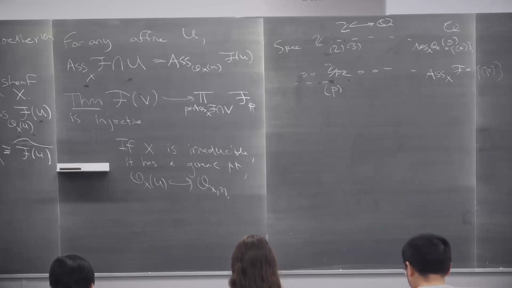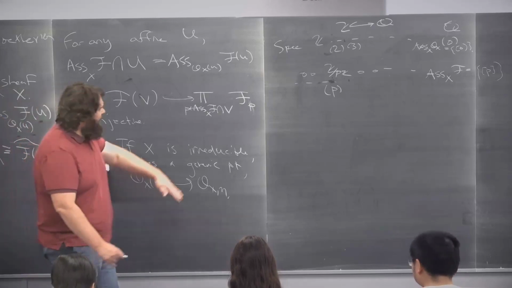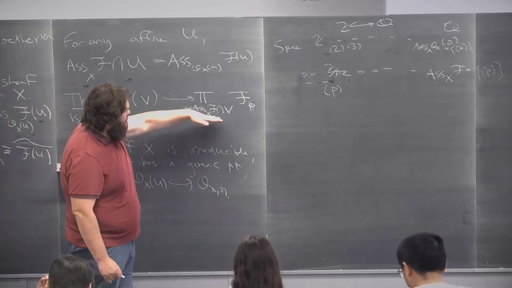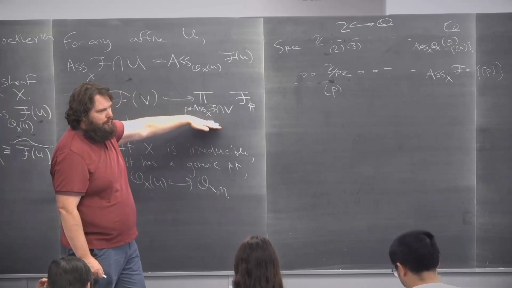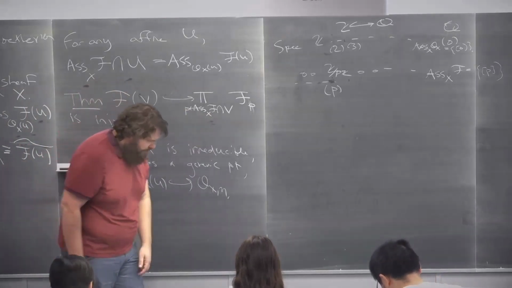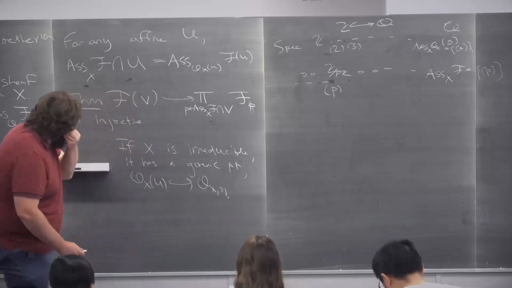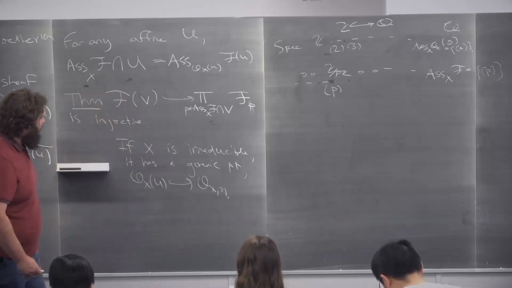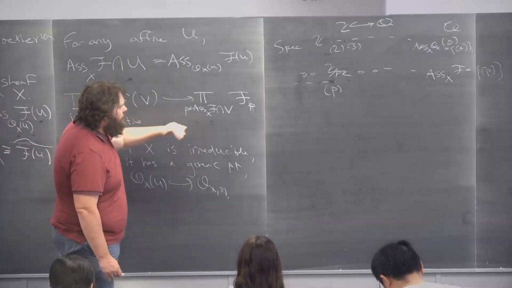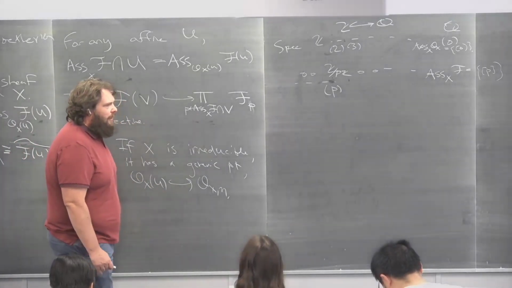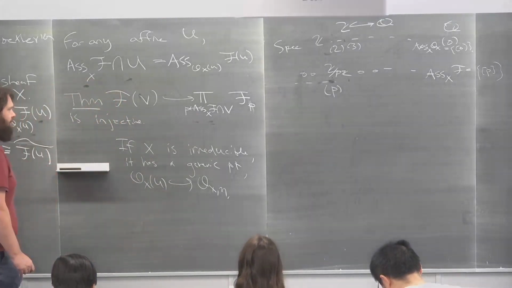And in fact, one way to think about the associated primes is they're the smallest set where this is true. But if I don't include one of the associated primes, I'm going to mess this up.